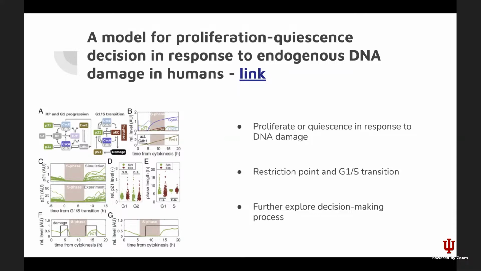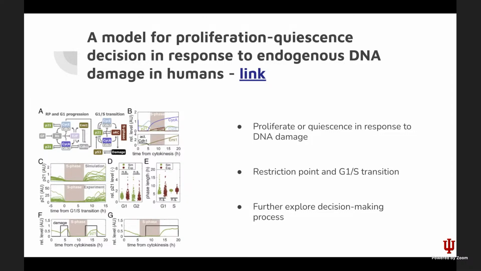Okay, yeah. So the model that they created basically tried to replicate the decision-making process of these cells. And they figured out that the restriction point, which I don't know what that is, and the G1/S transition points are the two most important points when it comes to decision-making in a cell, whether to proliferate or go into the process of quiescence.